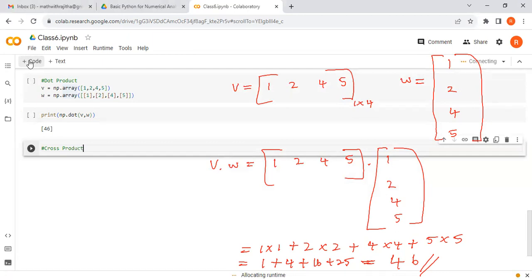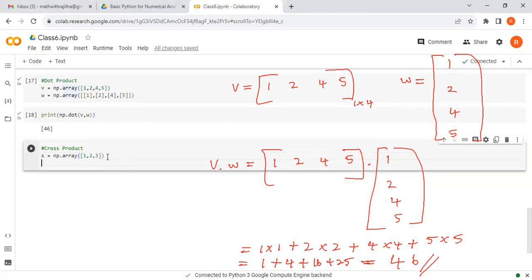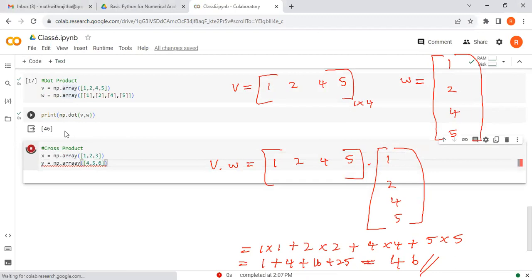Let me define a vector x equals np.array 1, 2, 3. Another vector y equals np.array, let me say 4, 5, 6. I have my two vectors x and y of the same shape.